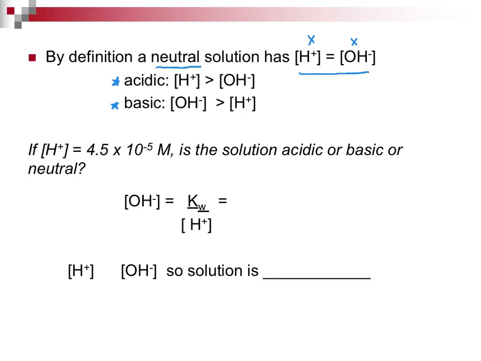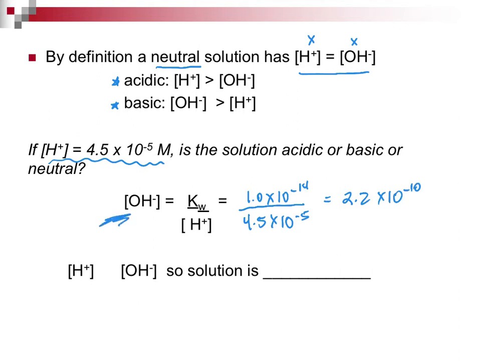So they may ask a very simple question. If the H plus has this value, is the solution acidic, basic, or neutral? How do you determine that? Well, you take the K for water, 1 times 10 to the minus 14. You divide it by the H plus, 4.5 times 10 to the minus 5. And you come up with the number 2.2 times 10 to the minus 10. You may say, where'd you get that equation?